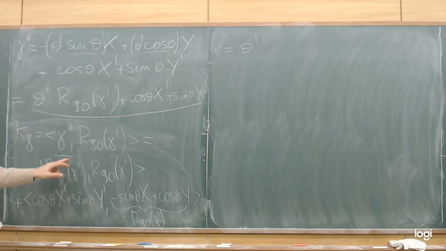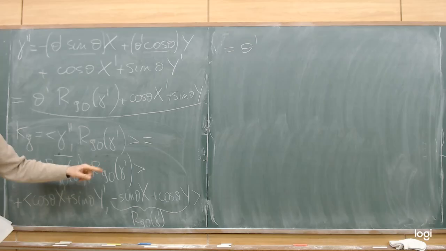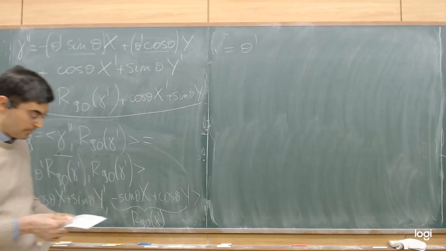So this is a vector of length 1. Consequently, also R90 gamma prime is a vector of length 1. When you multiply this vector by itself, you get the length of gamma prime square, which is 1.